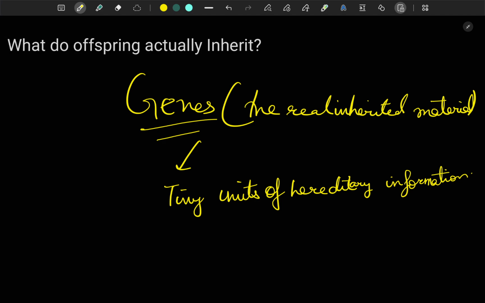Genes do not directly give you the trait. Instead, they give instructions that guide your body in how to develop from a fertilized egg into a grown adult.